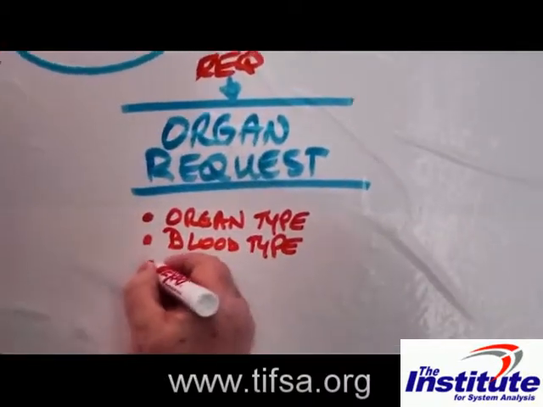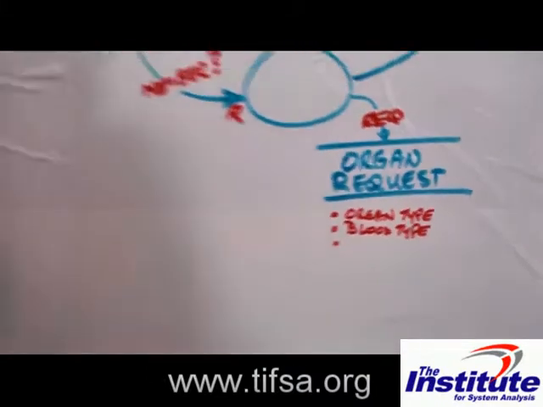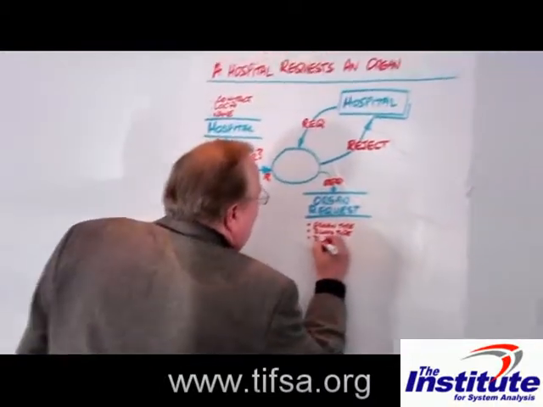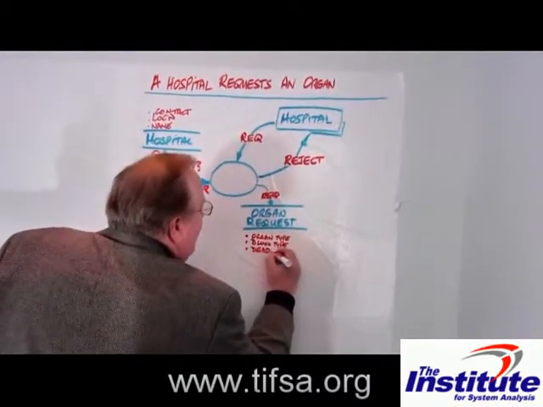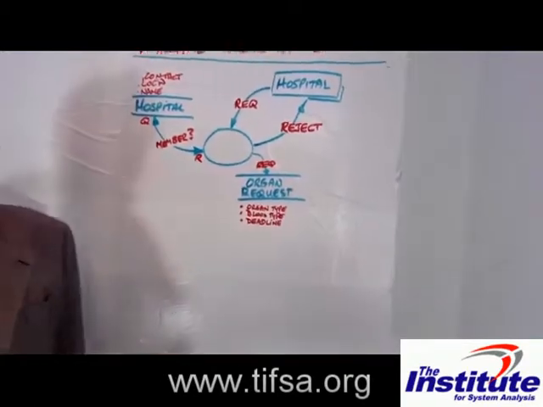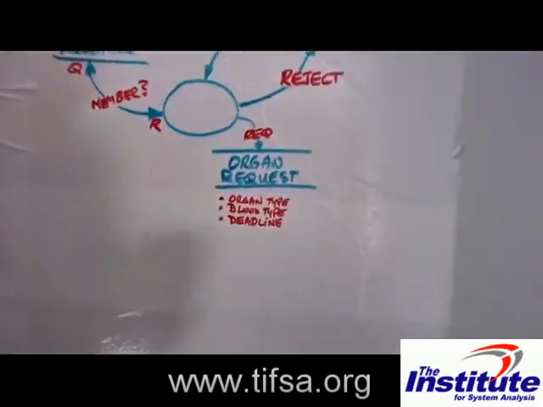We may have a number of other things as well related to the organ that's requested. For example, we may have a deadline. Now, in real life, we don't have deadlines, okay? But in this case, let's say that we have a deadline for that request. In other words, the hospital said, we have to have it by Tuesday at noon, otherwise it's not going to work.